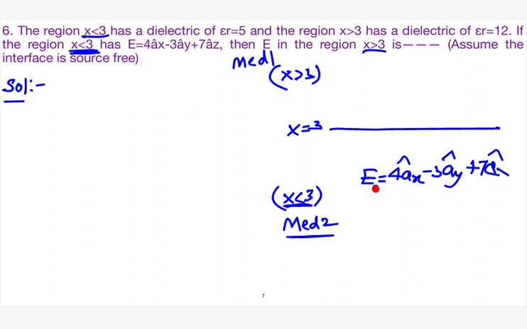So let me call it E2. I need to find out what is the electric field intensity in the first medium. So here he has given epsilon r is 5 in the region x less than 3 and epsilon r equal to 12 in the second region. So you can correct it, this is x greater than 3.